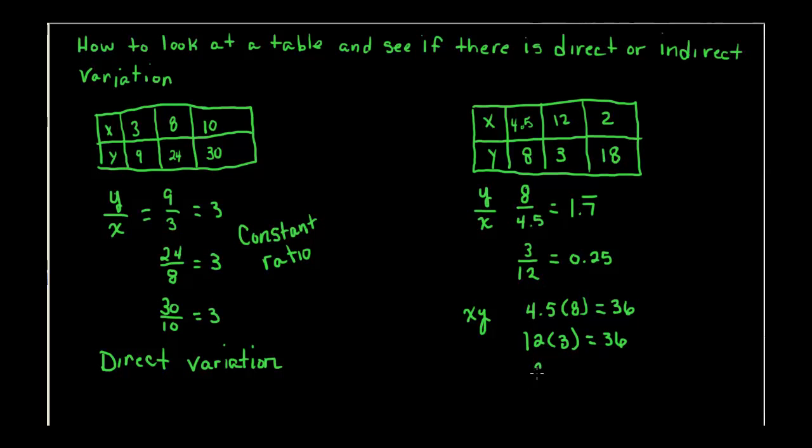And we will take 2 times 18, which is 36. So, as you can see, we have a common product, or a constant product. When this happens, we have inverse variation. So this is inverse variation.